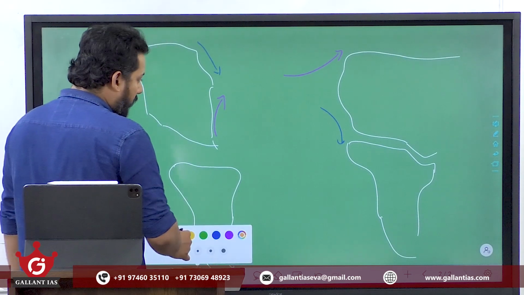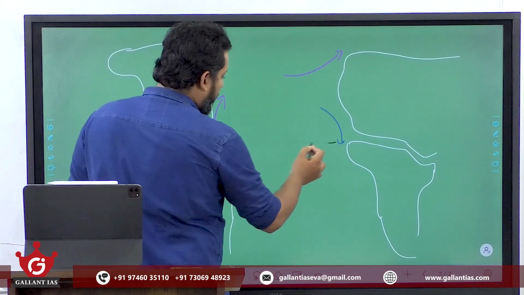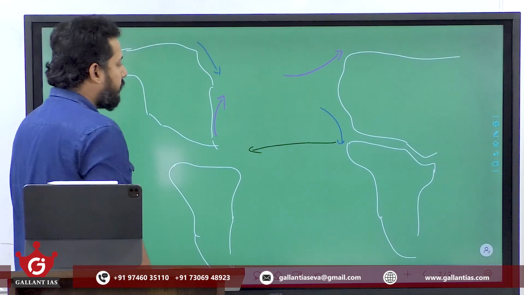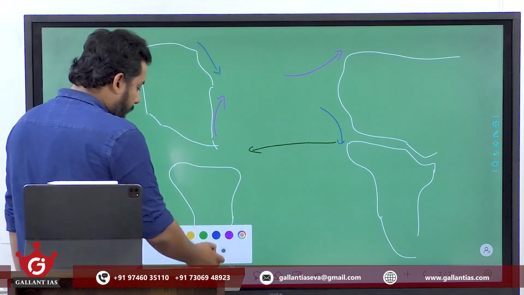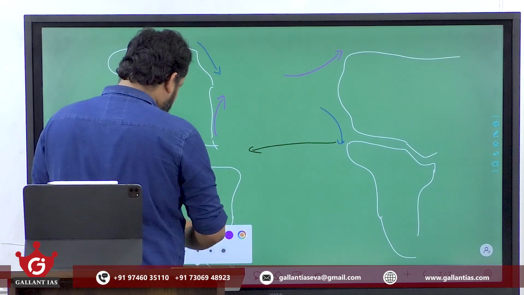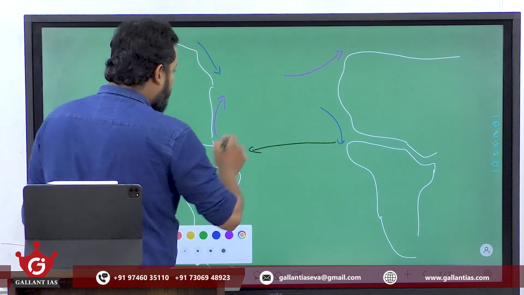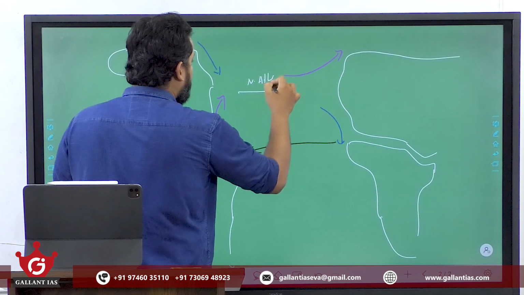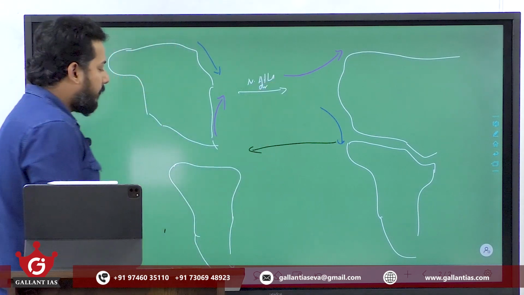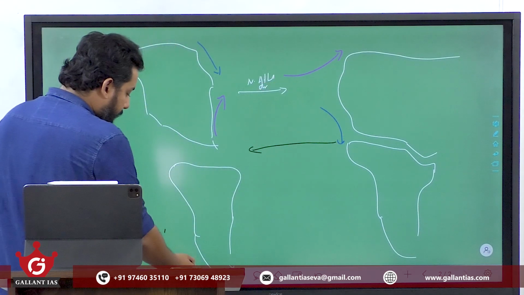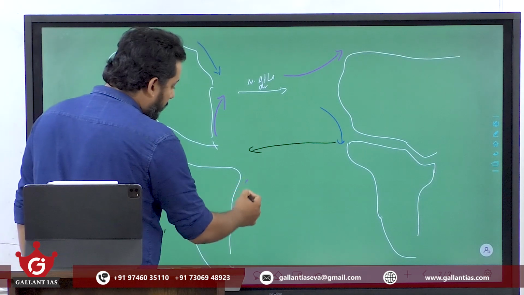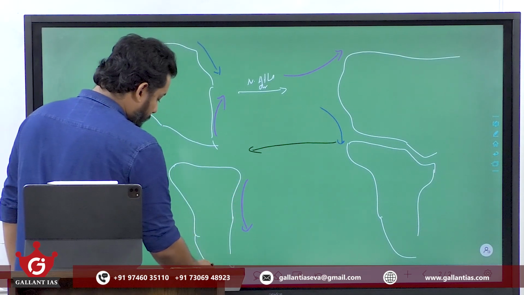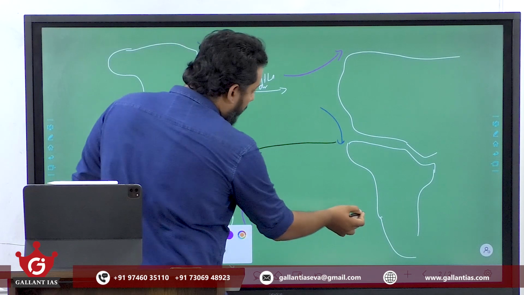Along with that, we also have the equatorial currents like this. One more thing, we have the North Atlantic drift as well. If you move to the southern hemisphere, we have the Brazilian current over here. And we have the Benguela current over here.